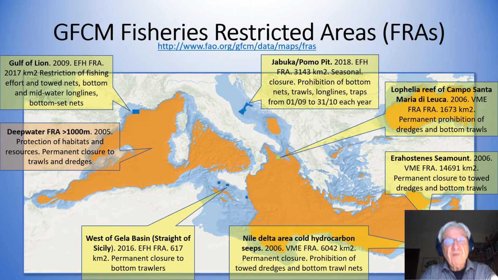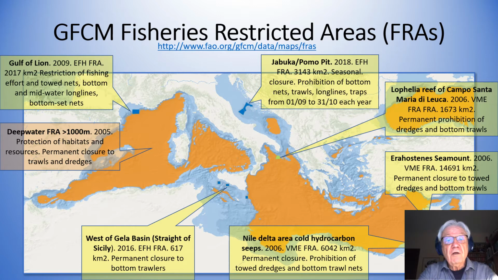In 2021, an FAO workshop on OECMs suggested that the huge deep water fishery closure is probably too large and too complex in terms of social, economic, and jurisdictional conditions to be assessed and managed effectively as a single fishery OECM. However, within these very large areas, many specific areas shown on the map may well be good potential OECMs to be implemented under the coordinated management of the coastal state and of the GFCM.